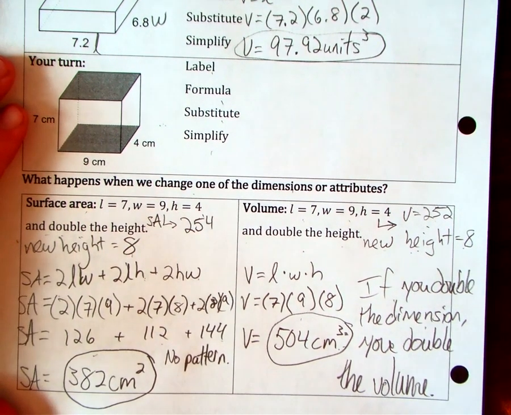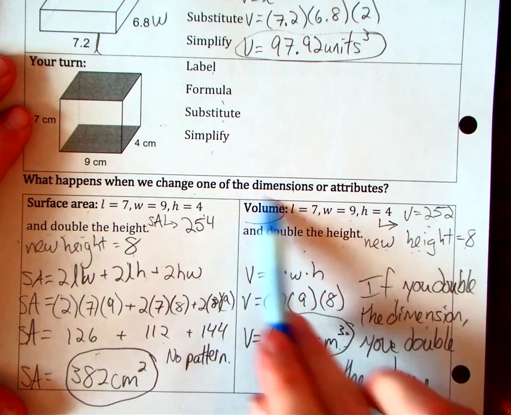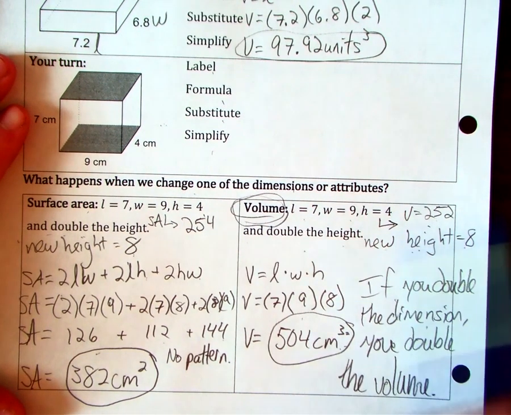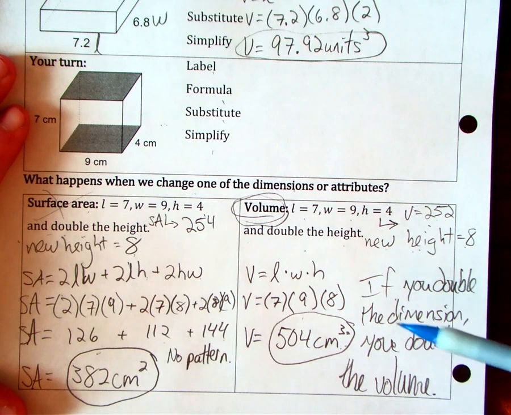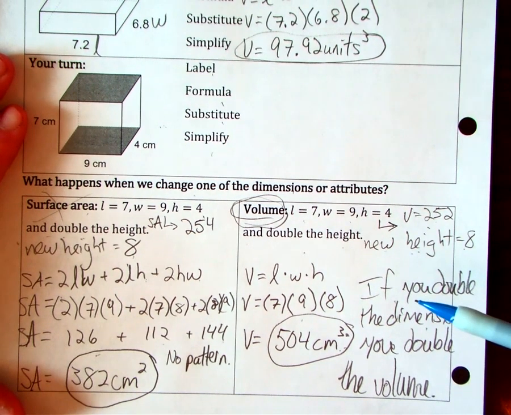Again, this is only true for volume. However, for surface area, it does not work. So again, if you double the dimension, you double the volume.